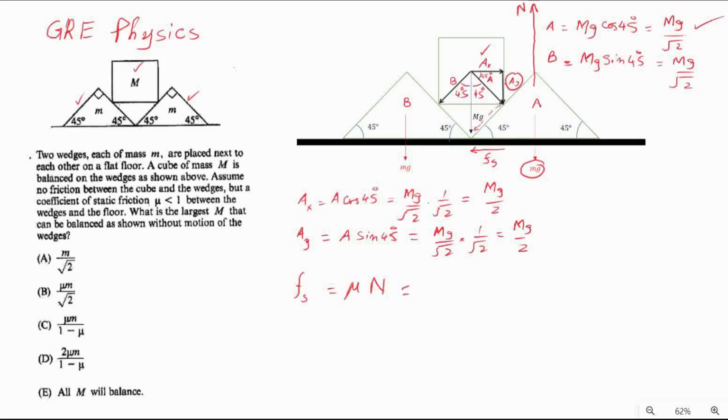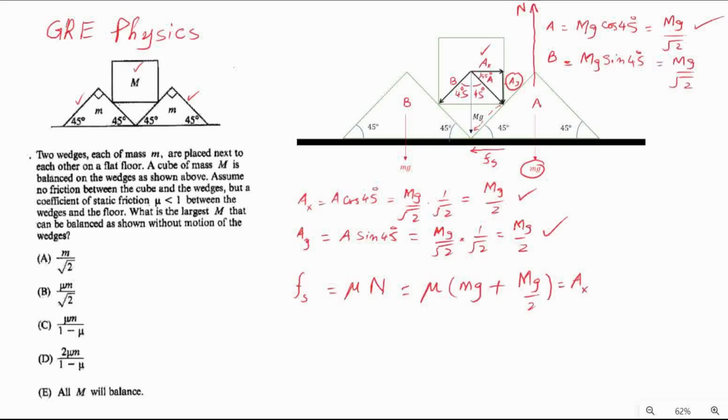So it is equal to mu times mg plus the magnitude of AY, which is Mg divided by 2. And this should be equal to AX. Now the magnitude of AX is equal to Mg by 2.